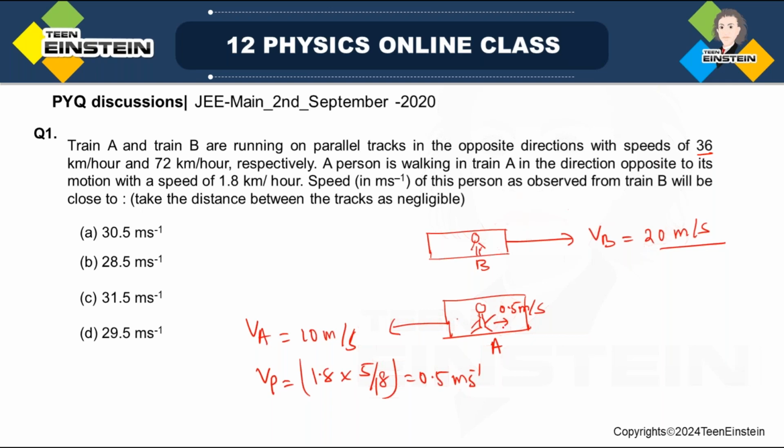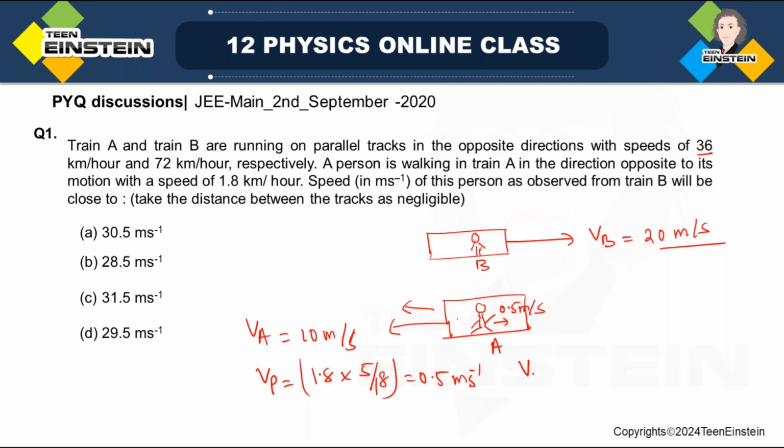Even though he is walking in the opposite direction of train A, he is ultimately moving along with the train, but with a lesser speed than the train. The train is taking him with a certain velocity, but he will actually experience a net velocity along the direction of the train's motion.